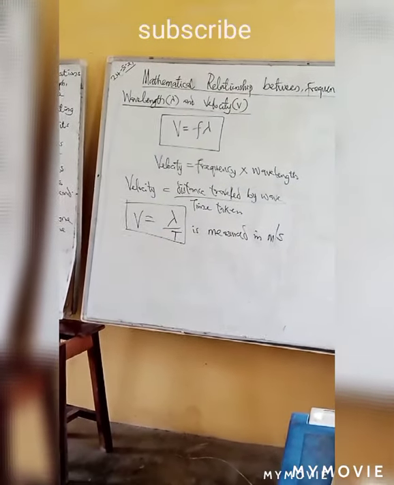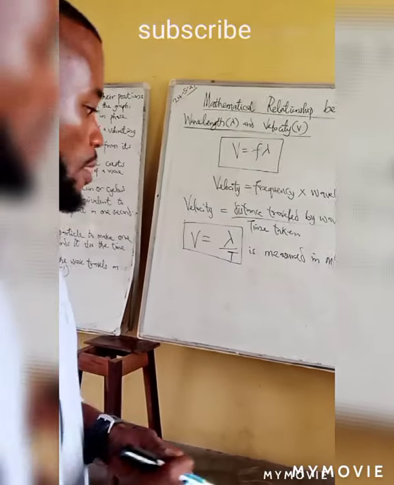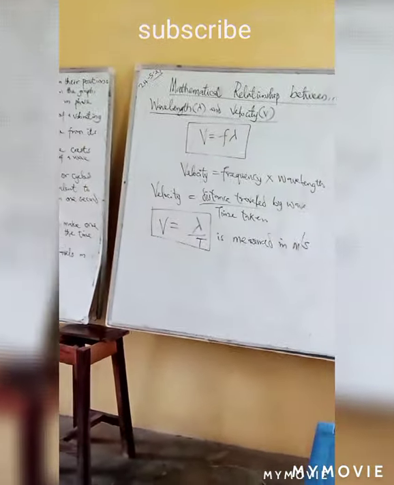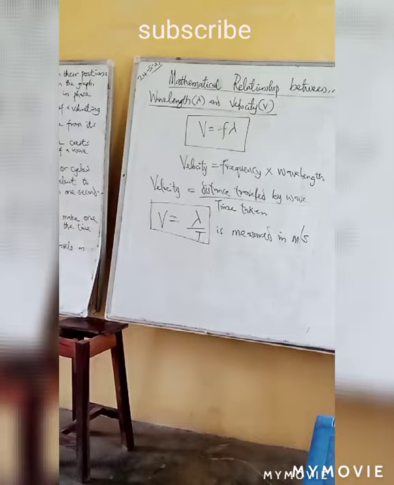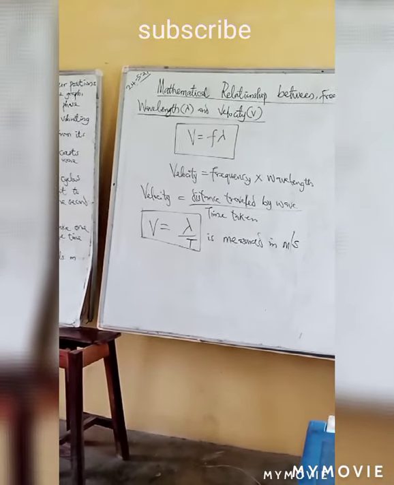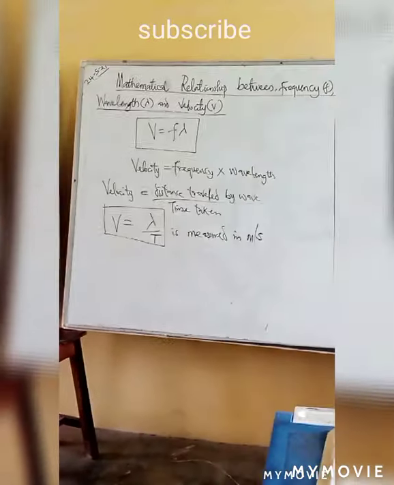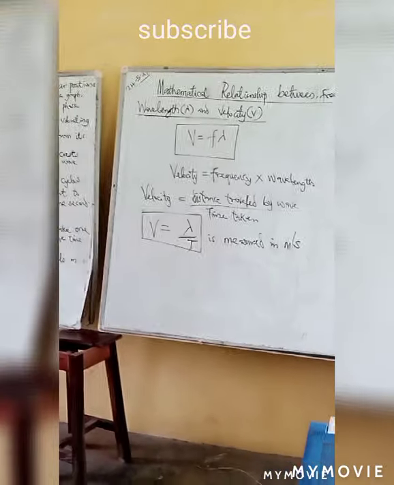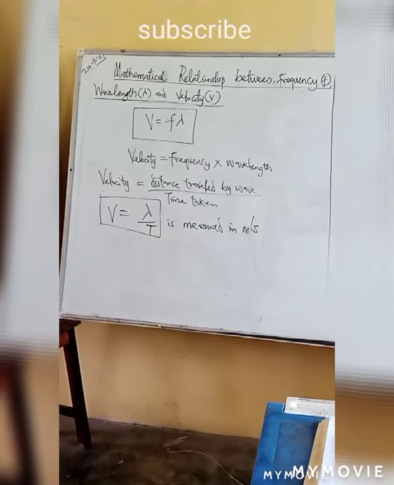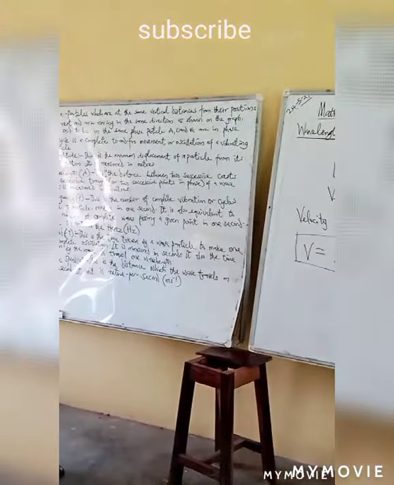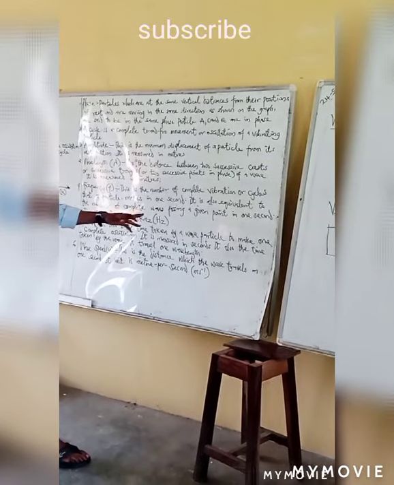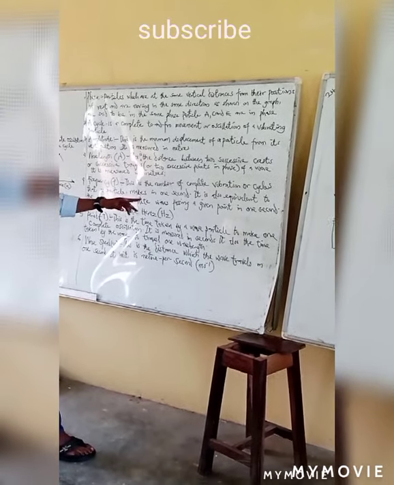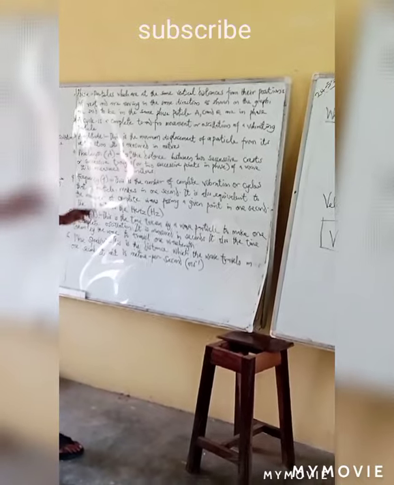From there, we have the definition of frequency. Frequency is the number of complete vibrations or cycles that the particle makes in 1 second, and that is equivalent to the number of complete waves passing a given point in 1 second.